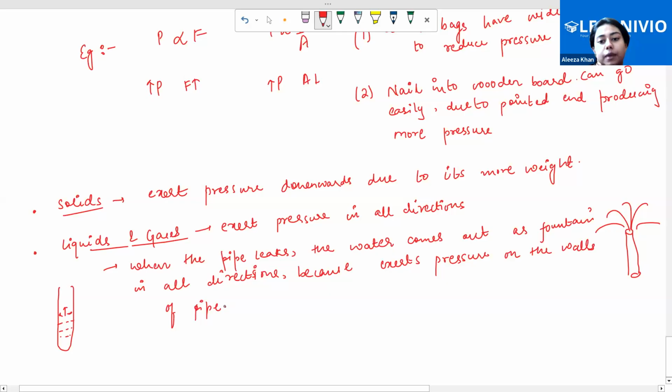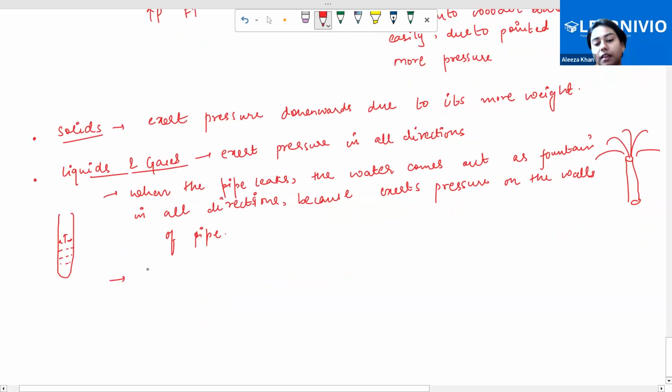Similarly, the case of the balloon. This was with the case of liquid. What happens with the balloon?